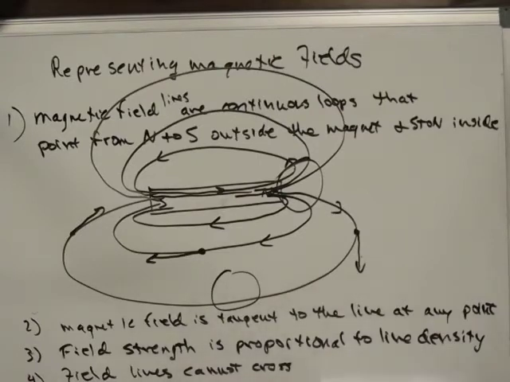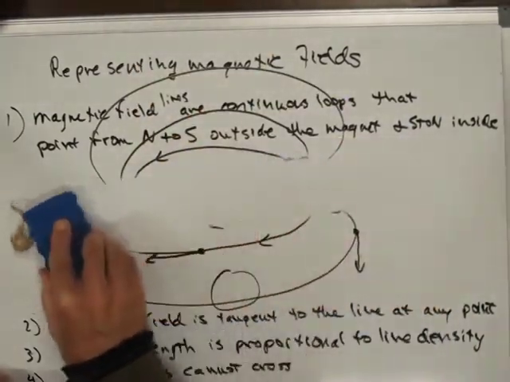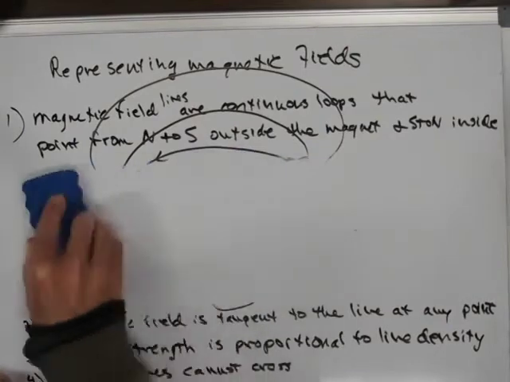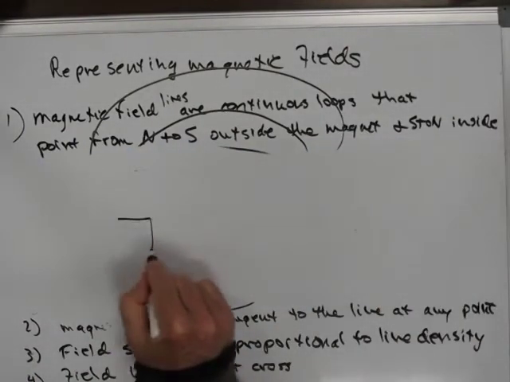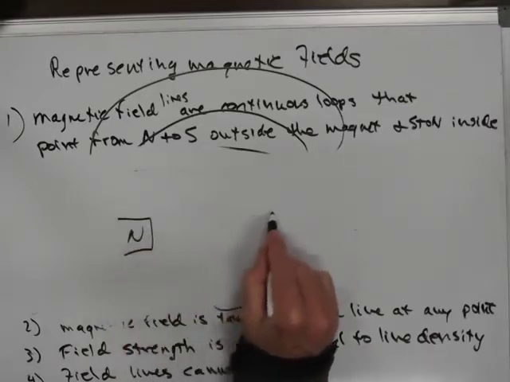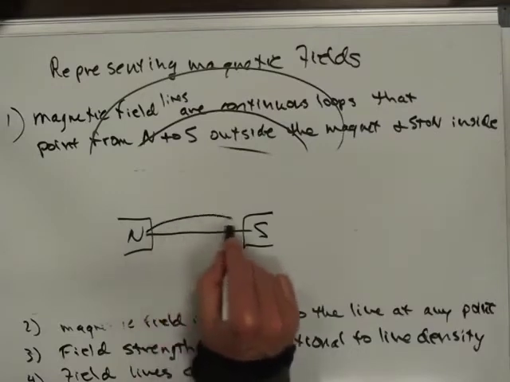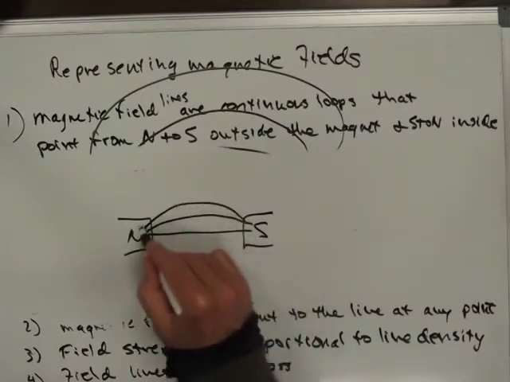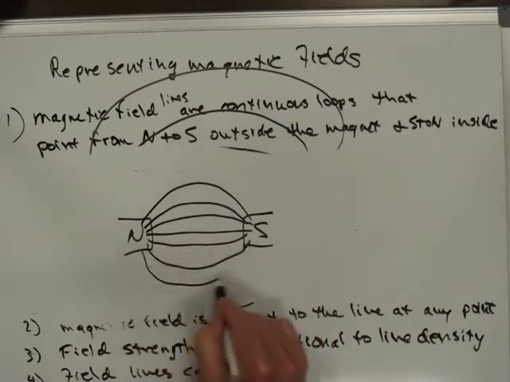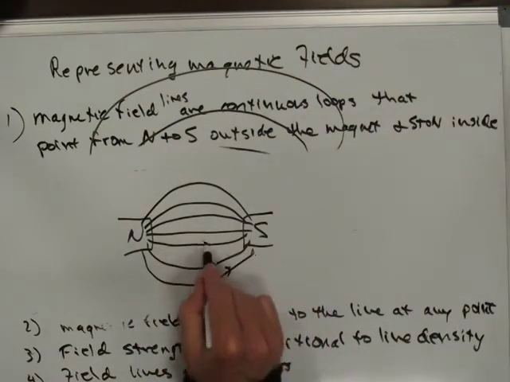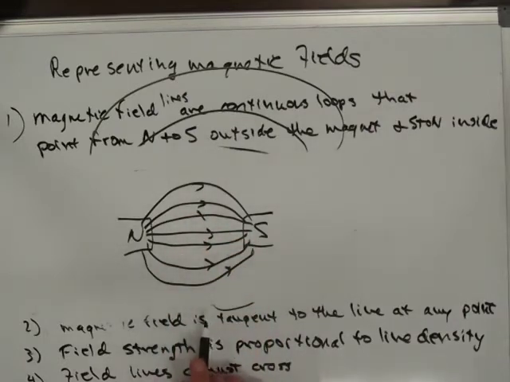And so, you know, I could just draw an example or two right on here. If I have a North Pole here and a South Pole here, I'll get this sort of effect. Something like that, right?